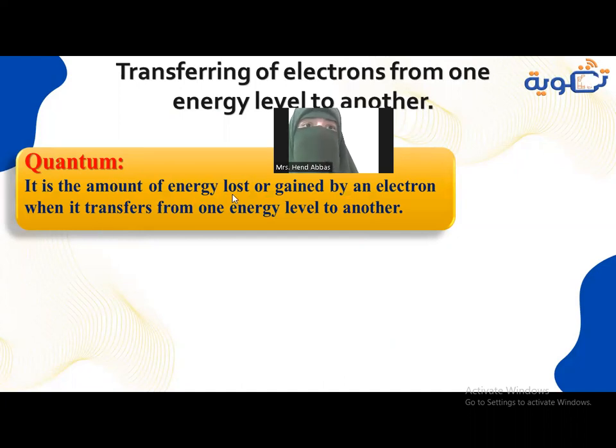A quantum is the amount of energy lost or gained by the electron when it transfers from one energy level to another. How? This is an electron now. In its normal state it will be in this level. When it gains a quantum, a specific amount of energy, it will jump to a higher energy level, like here.